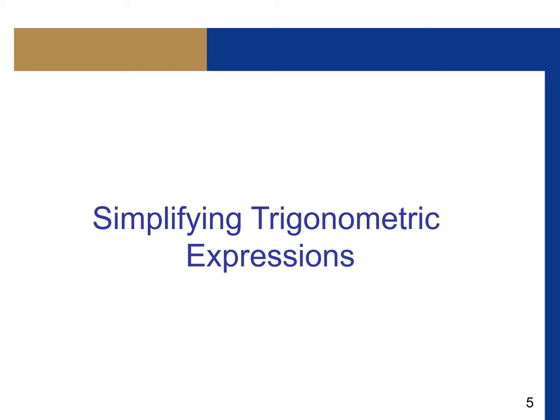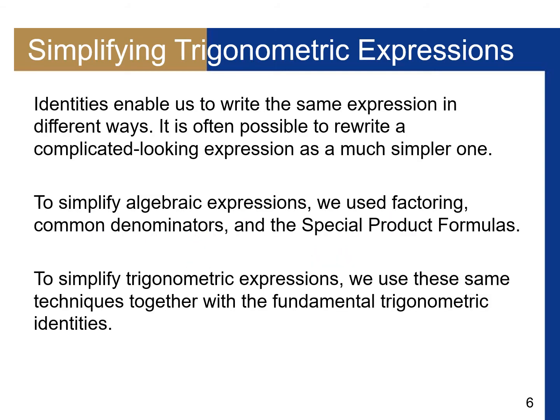So let's look at simplifying trigonometric expressions. Now, identities enable us to write the same expression in different ways. It's just like reducing something. Whenever you had geometry, you might have done some proofs where you could substitute in one thing for another because you knew that something was equal to another thing.